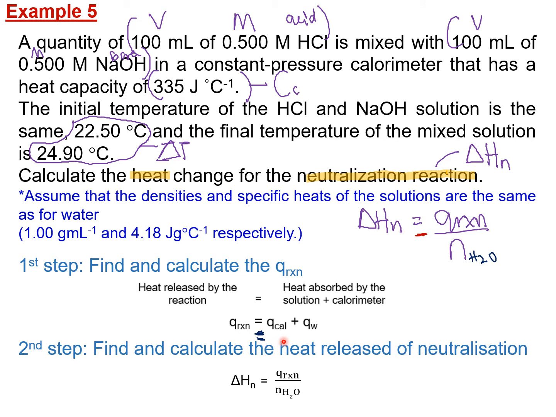Therefore, the formula untuk heat absorbed by the calorimeter ni ialah C besar, heat capacity of calorimeter kalikan dengan delta T. Okay, untuk heat absorbed by the water ataupun solution ni, okay, dia punya formula dia is gonna be mass of water ataupun solution, specific heat capacity of water ataupun solution, delta T. Okay, nanti you dapatlah you punya heat of reaction. Nak cari number of mole of water macam mana, nanti Miss bagi tahulah.